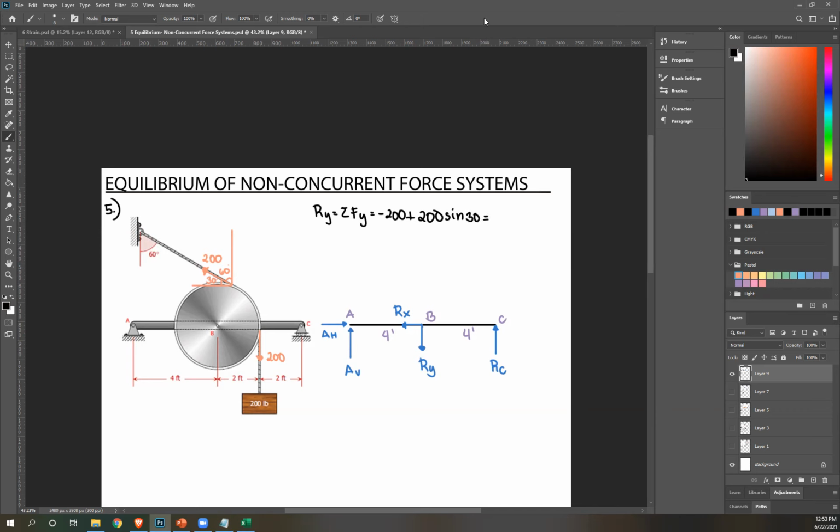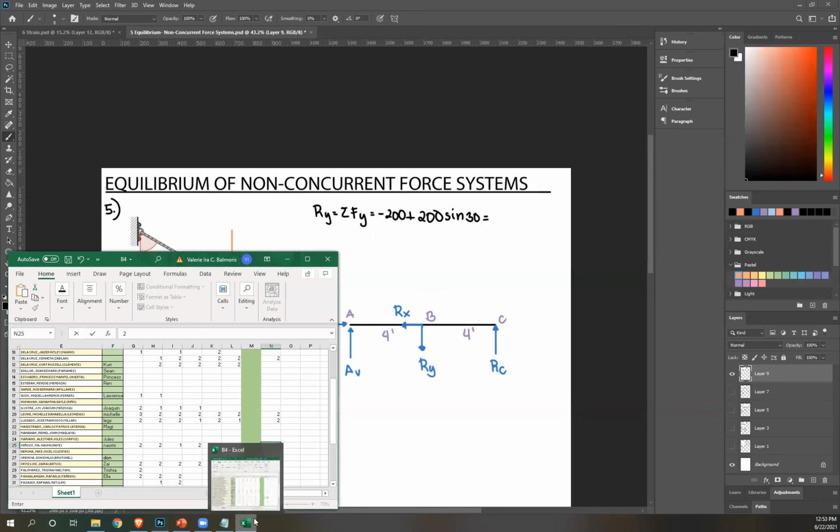Correct. It's negative 100. Again, sign is important.